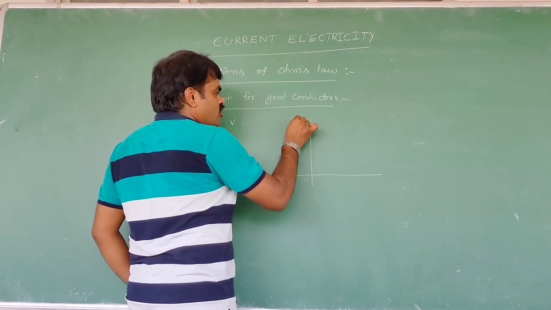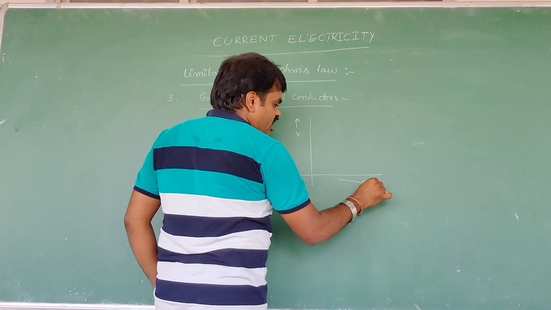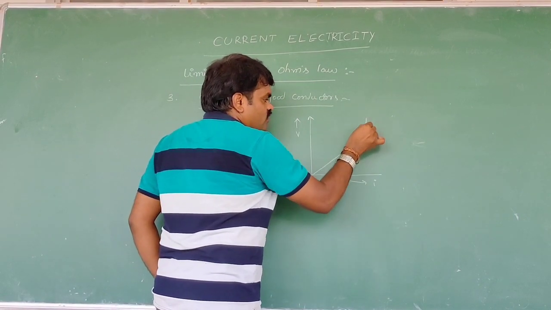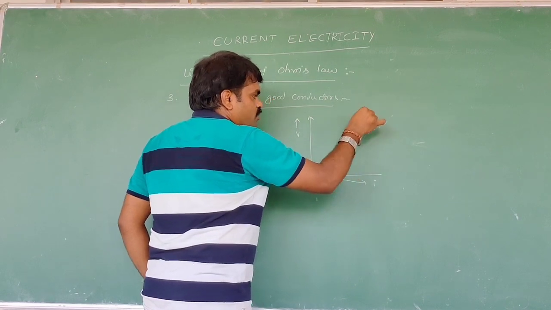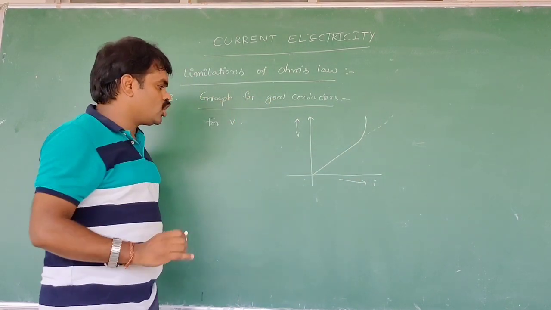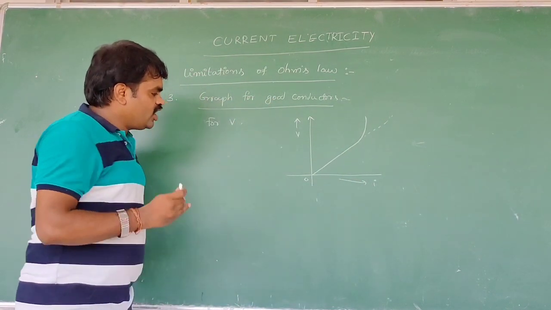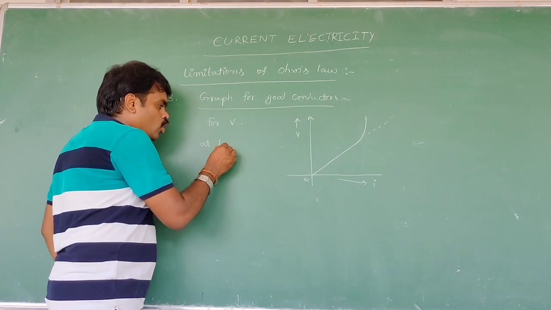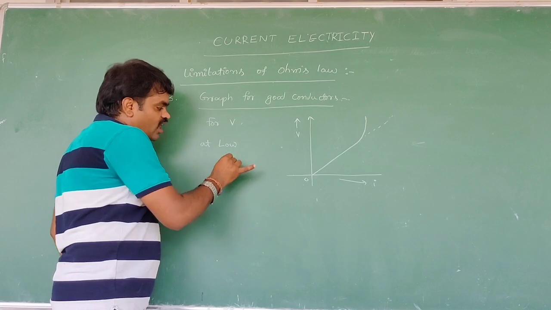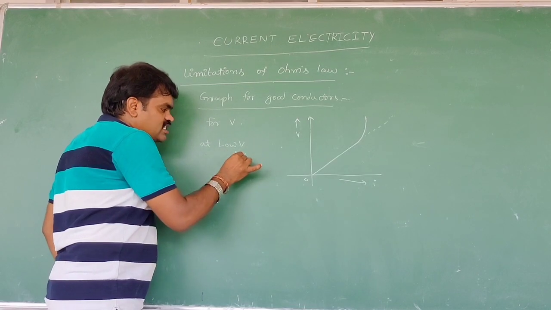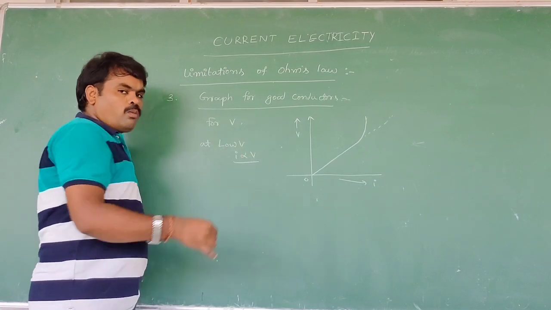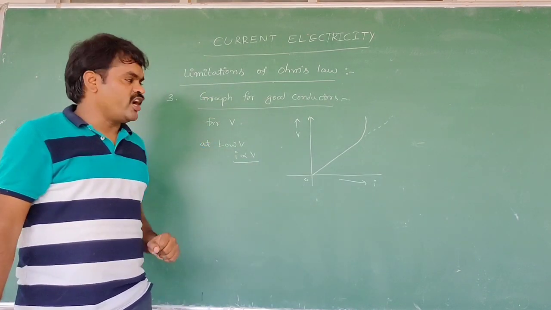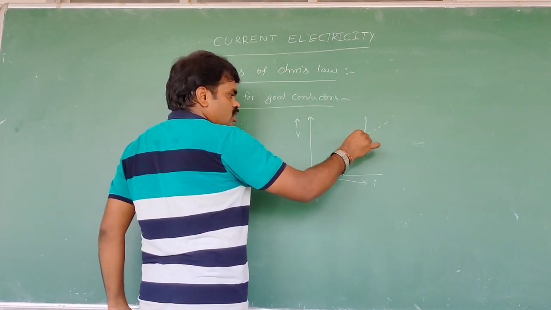Here potential is on the y-axis and current is on the x-axis. This is represented as the graph for good conductors. Here we can observe that at low values of V, the current is directly proportional to the potential. That's why it is represented as a straight line up to this point.